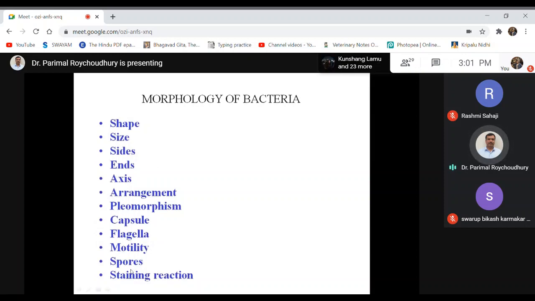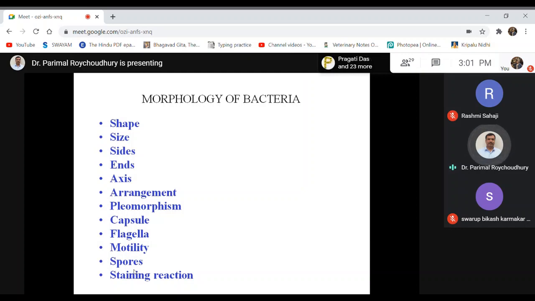Spores are another important structure. As you know, not all bacteria, but there are certain bacteria which can transform into the most resistant form of life, what we call endospores. These bacterial spores can survive for quite a long period, and they are very rough and tough. And remember again, not all.